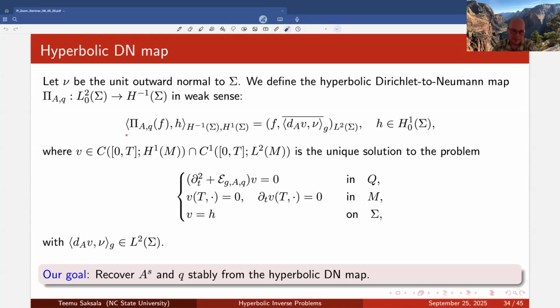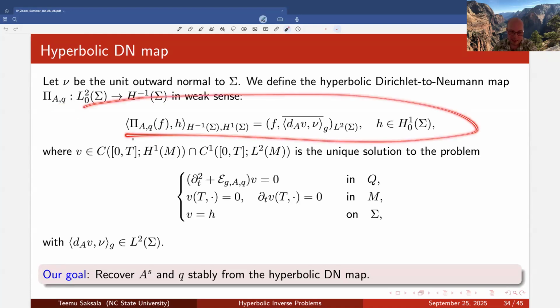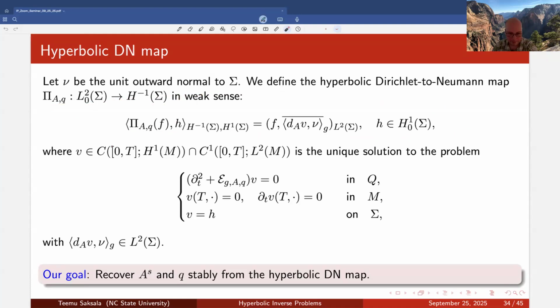The definition is given here, where I use a solution of the adjoint problem, the problem with the terminal state. This is the weak formulation. The goal in this part is to recover the solenoidal part of A and this electric potential Q stably from this DN map.